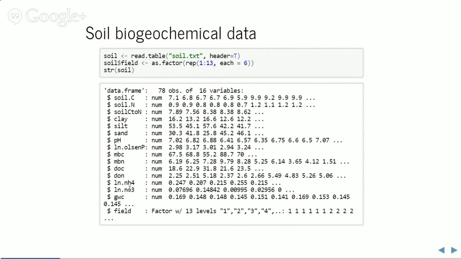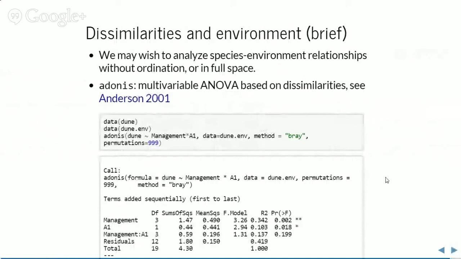Have you had an experience with Adonis whereby the significance values change with the permutations? Yeah, and I guess that's really the limit of what I know very well, but if you only give it 100 permutations, it can only give you a minimum p-value of 0.01.